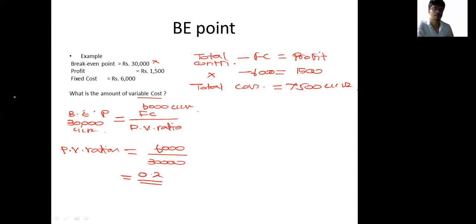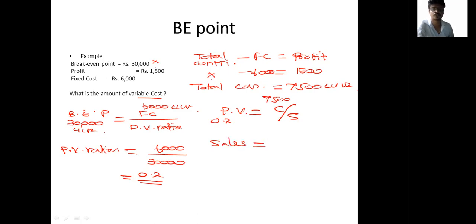Now we know the break-even point, PV ratio, and contribution. PV ratio is the ratio between contribution and sales. We have calculated the PV ratio as 0.2 and the contribution as 7,500. Now we can calculate sales.